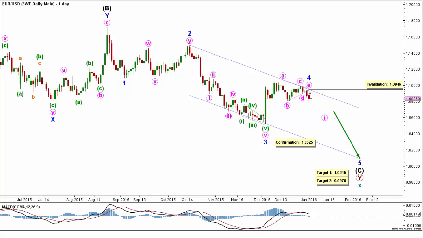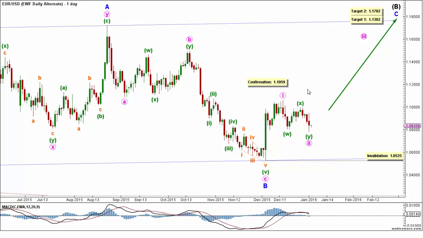minute wave 1. Now let's take a look at our alternate count, which sees that intermediate wave B is still unfolding as a flat correction labeled minor waves A, B, and C. Minor wave A formed a double zigzag labeled minute waves W, X, and Y. Then minor wave B formed a zigzag labeled minute waves A, B, and C, retracing 95% of minor wave A. And now minor wave C is forming an impulse labeled minute waves 1 through 5, and within it minute wave 2 formed a double zigzag labeled minute waves W, X, and Y, retracing 50% of minute wave 1.